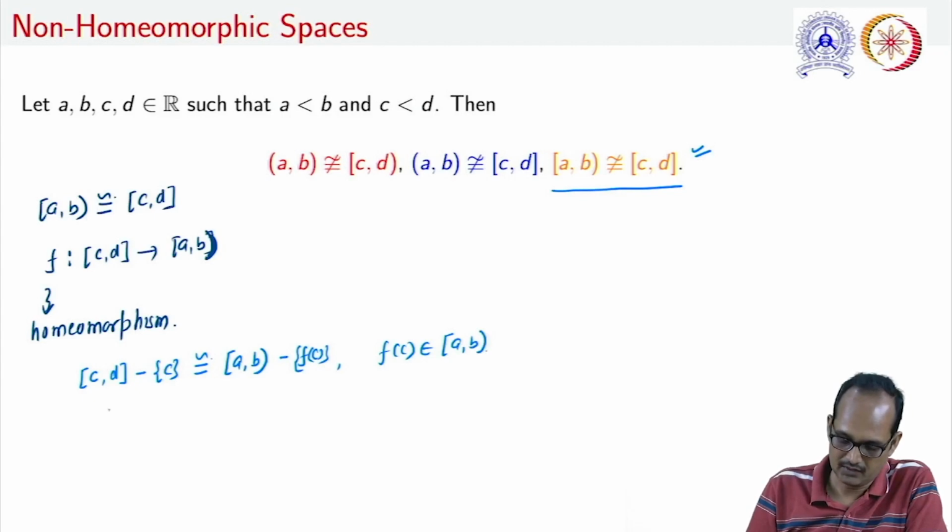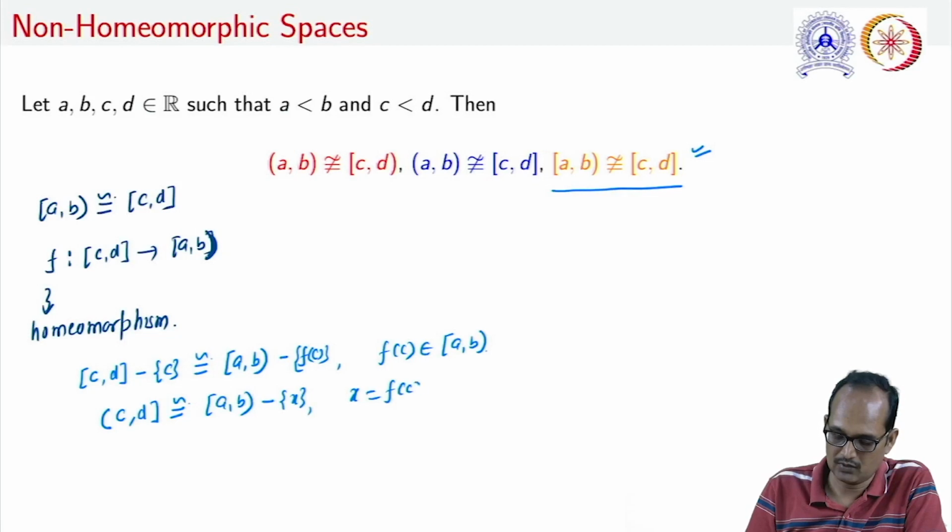That is, this semi-open interval (c, d] is homeomorphic to [a, b) minus the singleton set {x}, where x is equal to f(c), which is a member of this semi-open interval.